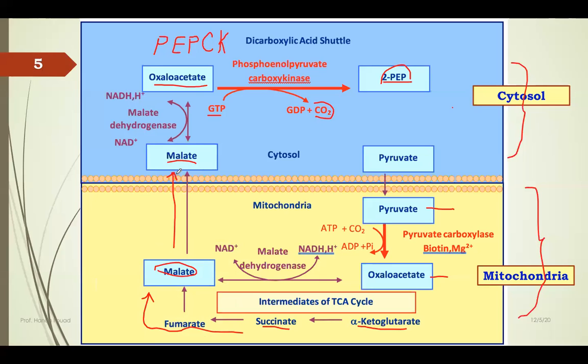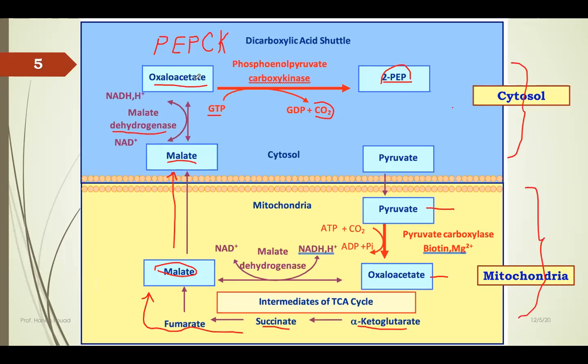Malate can cross the mitochondrial membrane and be translocated outside to the cytosol. In the cytosol, malic acid, which is derived from amino acids, is subjected to a dehydrogenase reaction, removal of hydrogen, and malate is converted into oxaloacetate.